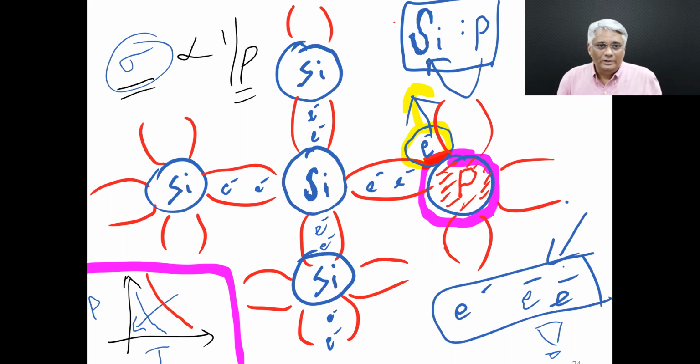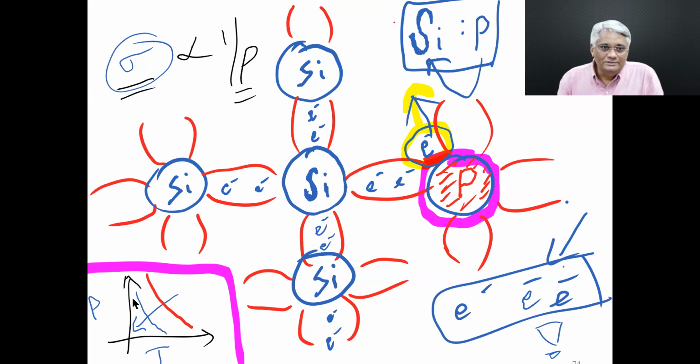Of course, first you do a conductivity study. You see the conductivity versus temperature plot. You can easily make out when conductivity is measured for the doped one and the undoped one, which one is the doped one and which one is the undoped one. So for the doped one, the conductivity increases because you're bringing in additional carriers into the lattice.